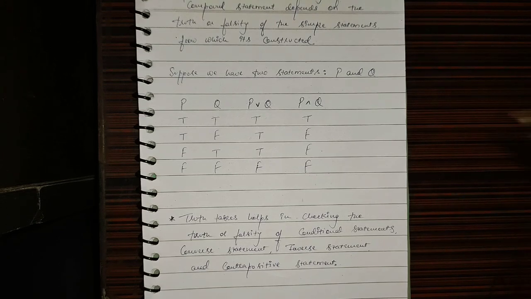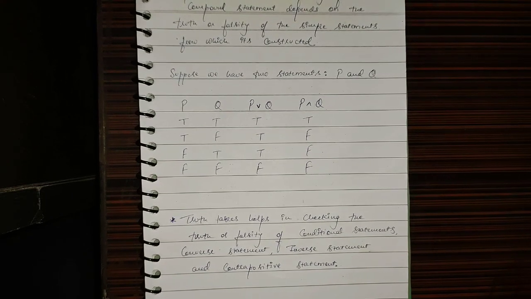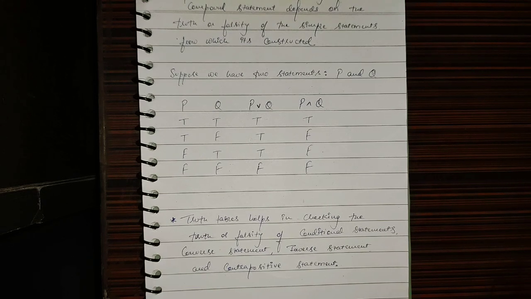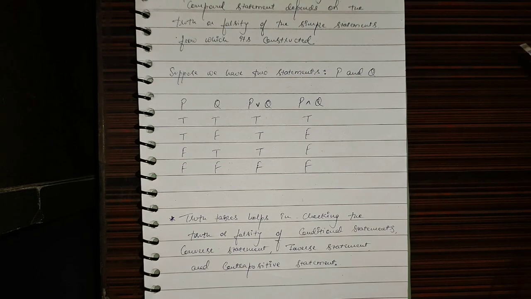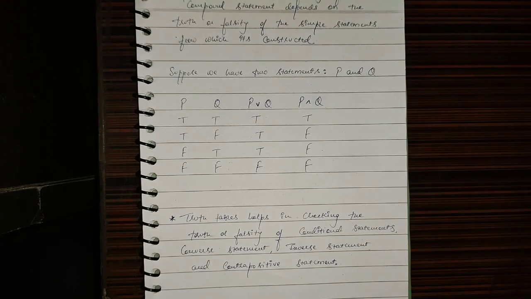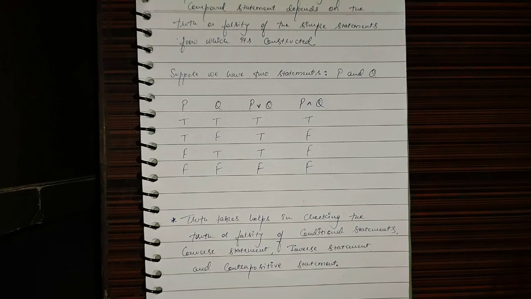Now when P is true but statement Q is false, then the compound statement constructed using the logical connective OR will be true, but the compound statement constructed using the logical connective AND will be false. Why is that the case? Because when we are saying P or Q, we are choosing either of P or Q or both.